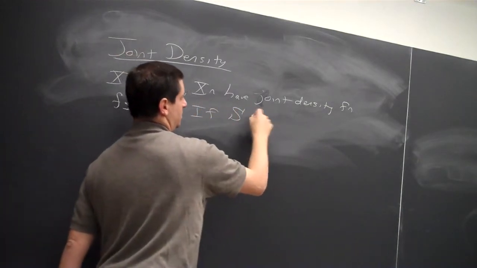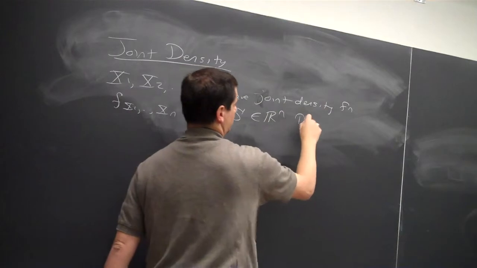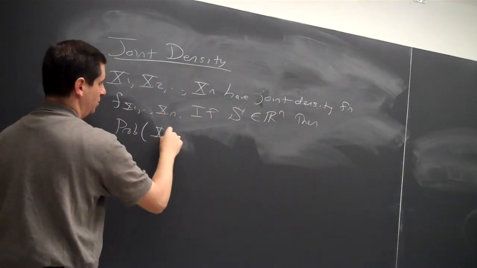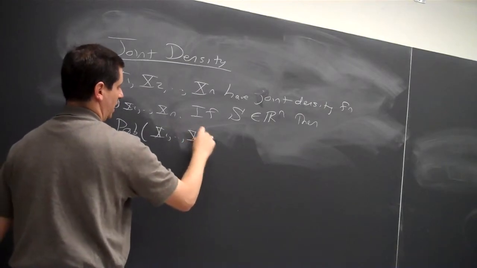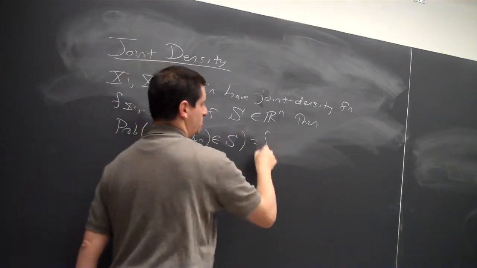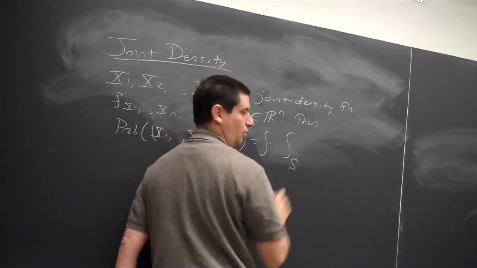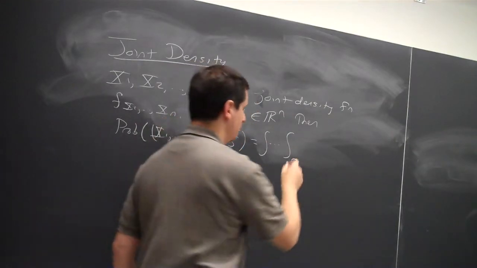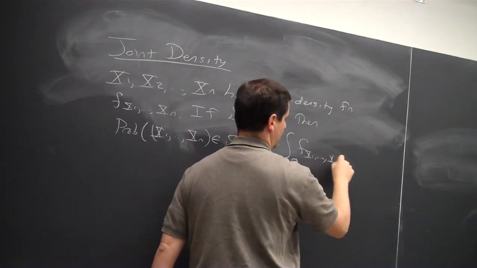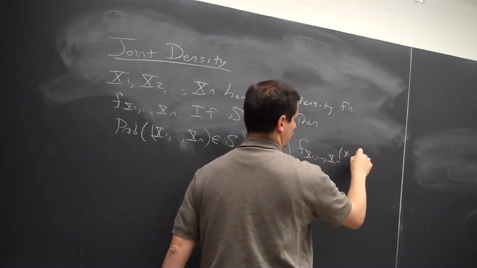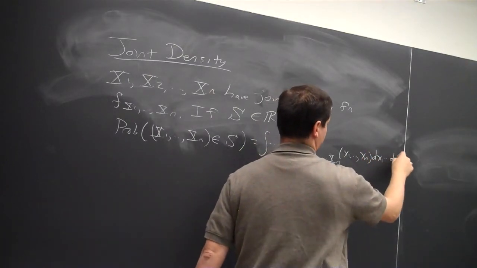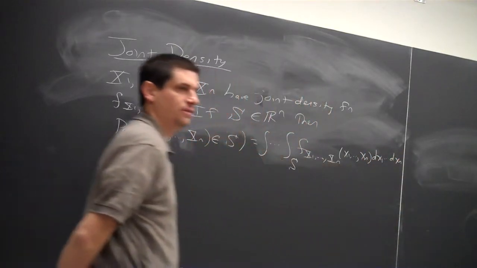If S is in R^n, then the probability that my tuple (X1,...,Xn) lives in S would just be the integral over that region S of my density function f(x1,...,xn) dx1...dxn. Okay?